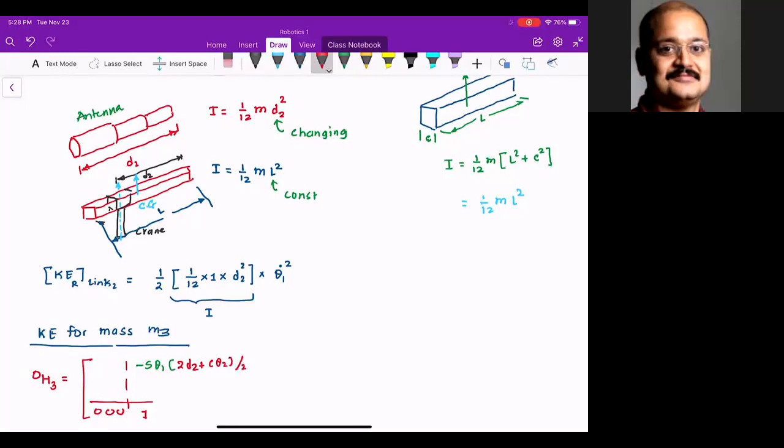What did you get? I got cosine theta 1 times D2 plus A3 cosine theta 2, and A3 I think is just L in this case, cosine theta 3, right? Yeah.